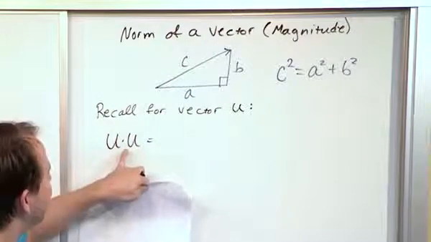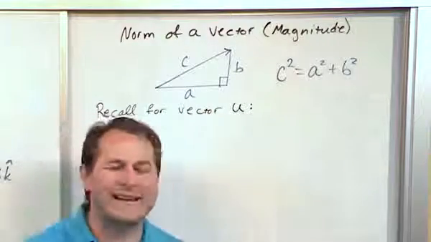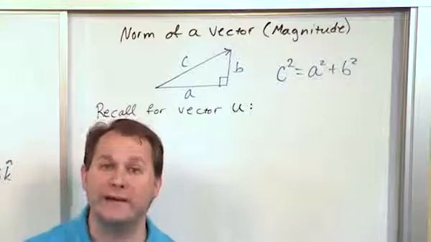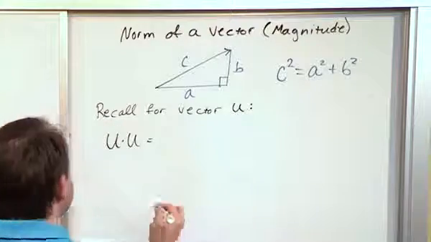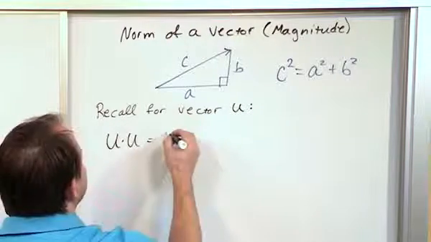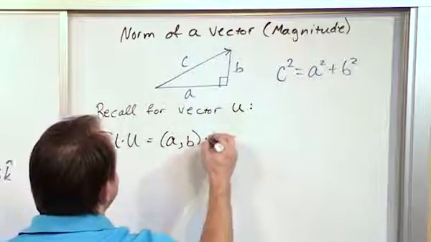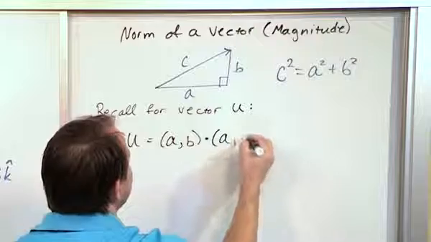But if you take a vector and dot it with itself, then what you're really doing is you're multiplying its x component times its x component. So you're squaring the x component, you're squaring the y component, you're squaring the z component. So what you end up having here, if I represent this vector as a comma b, that's component a, component b, or component along x, component along y, and I'm dotting it with itself.